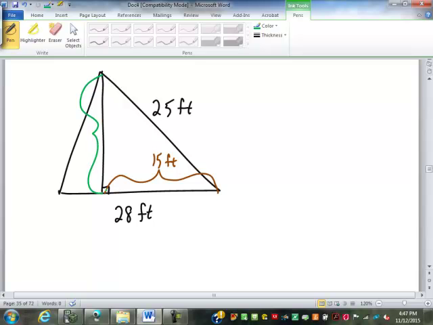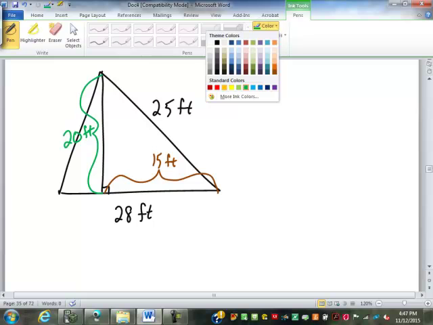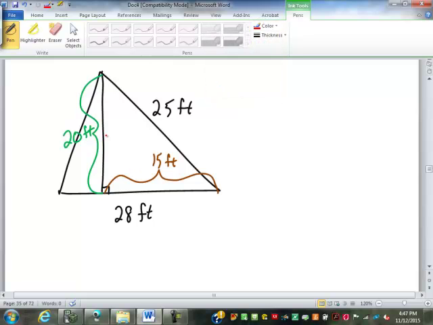The height, right? What's that height going to be? Did you get it to be 20 feet? The legs will be the height and the 15, and 25 would be the hypotenuse, correct? So a squared plus 15 squared would equal 25 squared. And yes, that does come out to be 20.